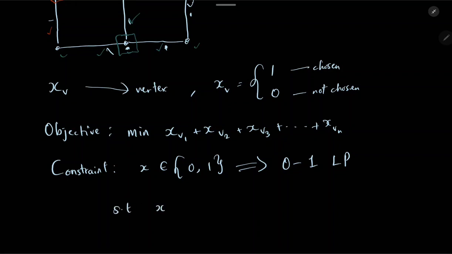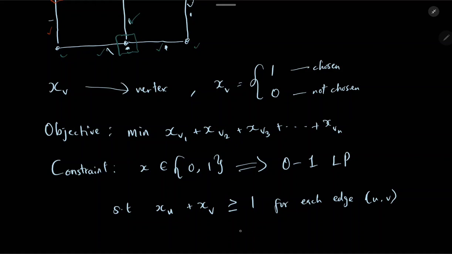The second constraint is such that the given vertex, let's say u, plus another vertex v, would always be greater than or equal to 1 for each edge u, v. I hope this last constraint makes sense. It is greater than, not less than, greater than or equals 1. That's because we want at least one vertex covering each edge.